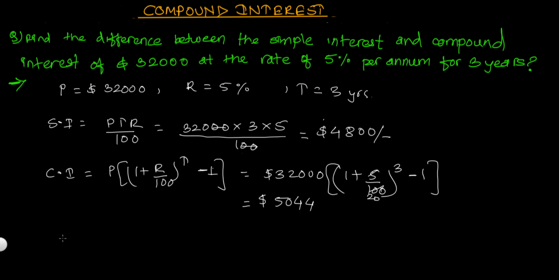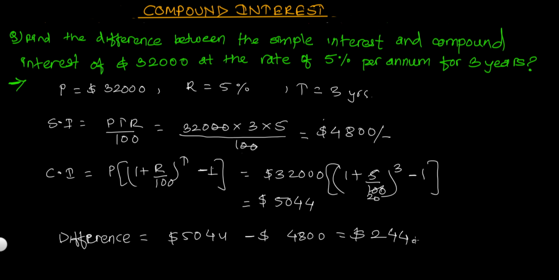So what is the difference between the compound interest and simple interest, which will be $5,044 minus $4,800, which is $244. This is how we do this problem.